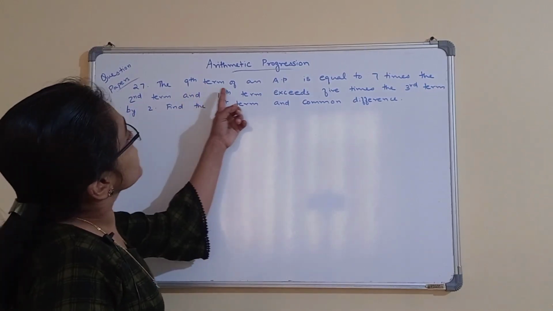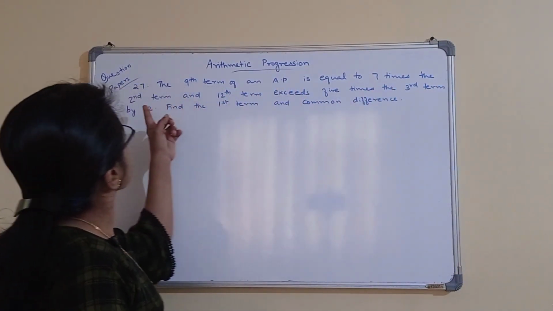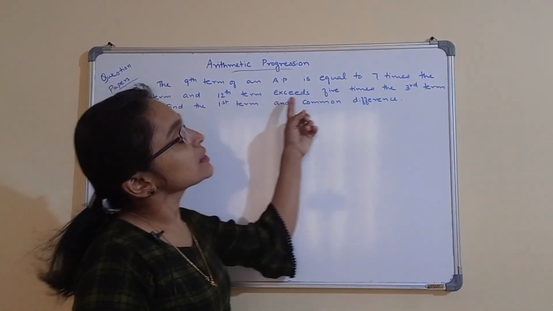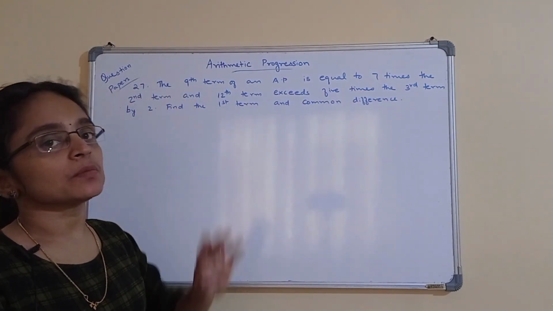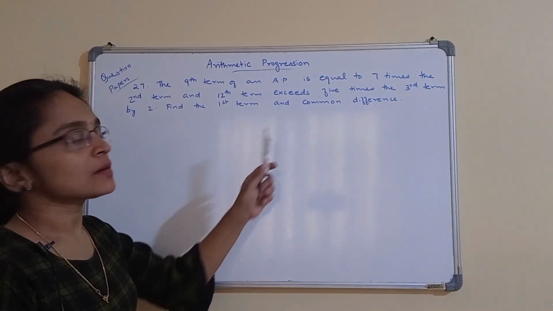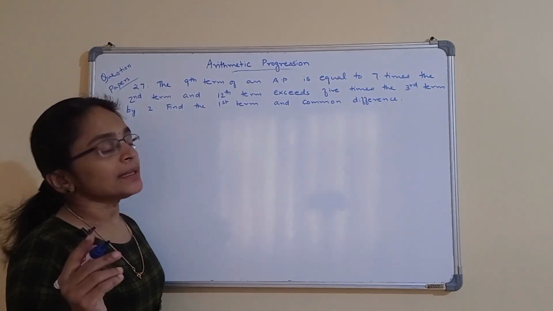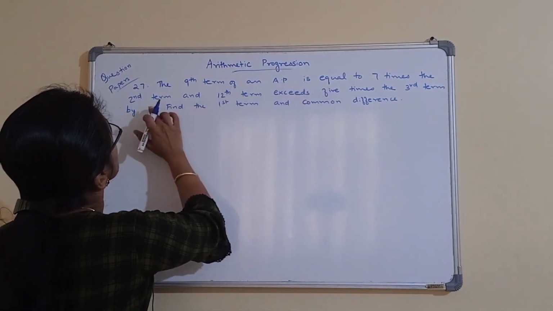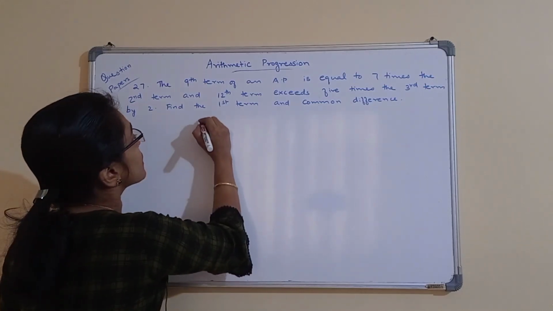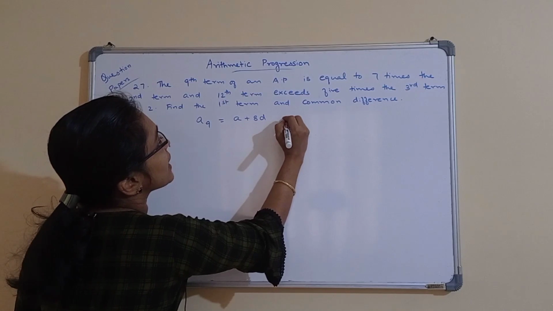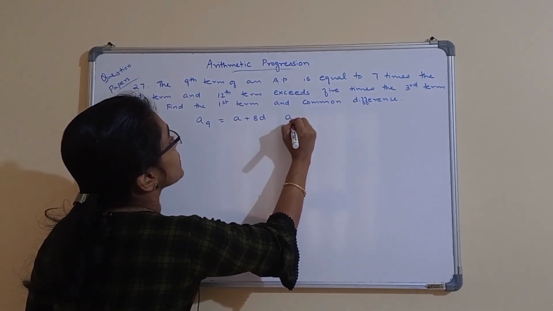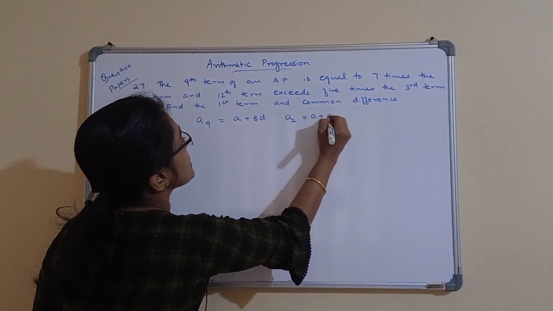Next one, the ninth term of an AP is equal to 7 times the second term and the 12th term exceeds 5 times the third term by 2. Find the first term and common difference. The ninth term is equal to 7 times the second term. A9 is equal to a plus 8d and the second term, A2, is equal to a plus d.